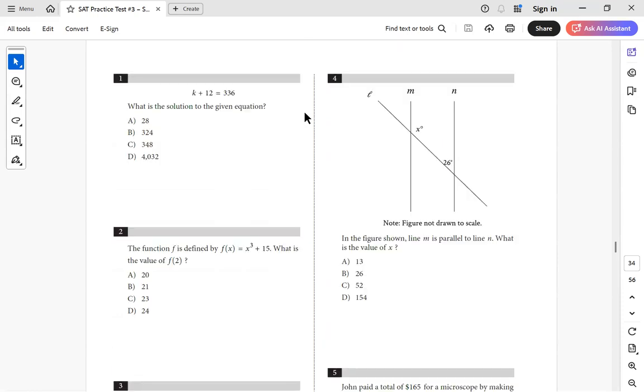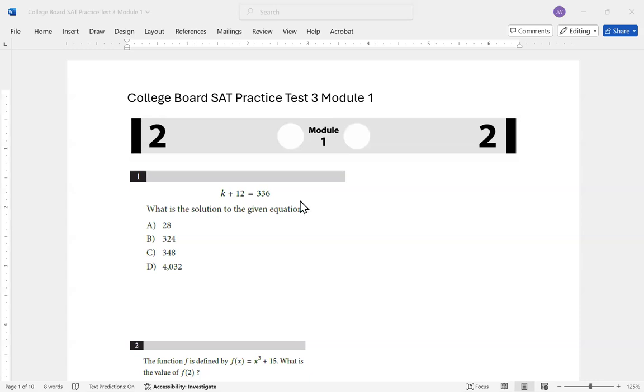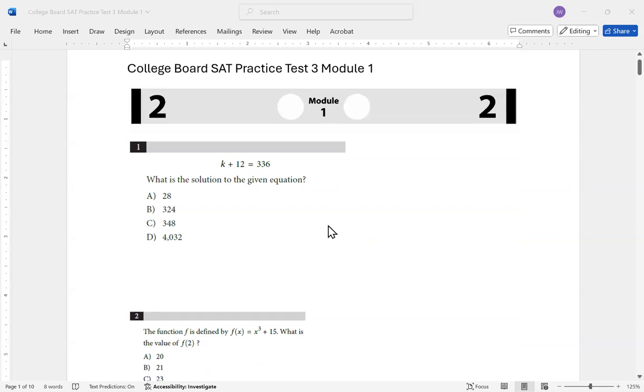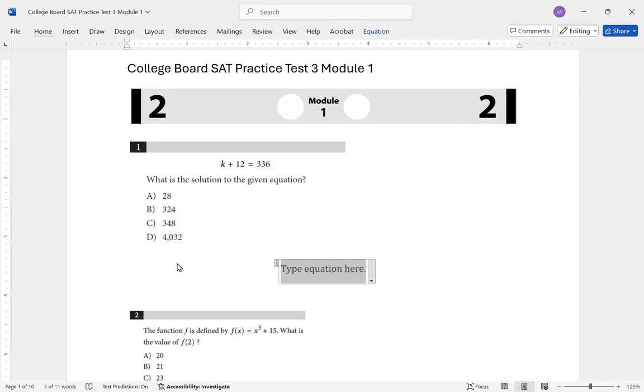Let's do these questions. I will be talking over and doing them on this document here. Question 1. What is the solution to the given equation? We have the equation K plus 12 is equal to 336.